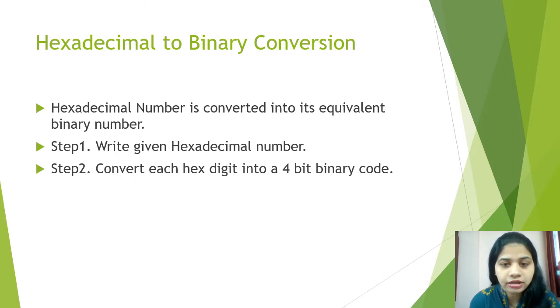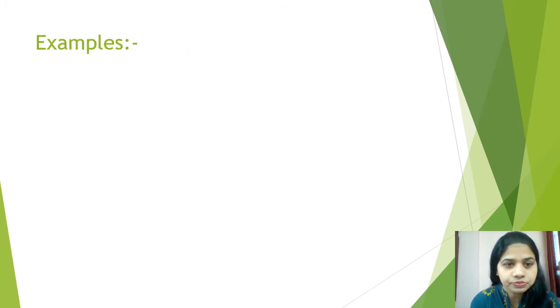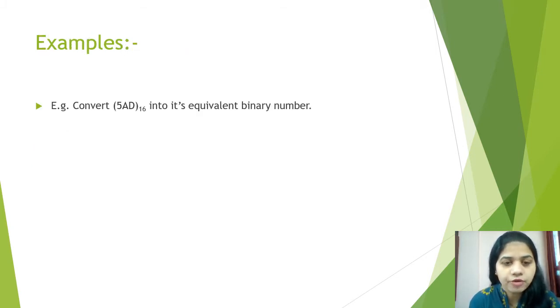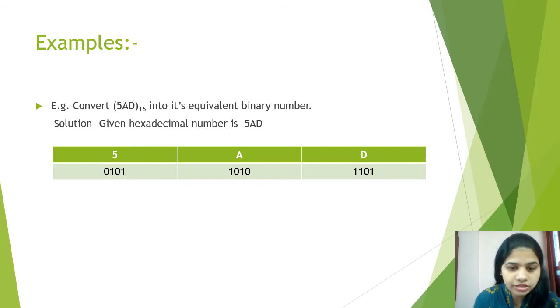Now let us understand this with an example. Here I have taken the hexadecimal number 5AD. As we can see, we have converted each and every digit into its equivalent 4-bit binary digits. So 5 is replaced by 0101. A is a hexadecimal digit, it is nothing but 10, so its corresponding 4-bit binary is 1010.